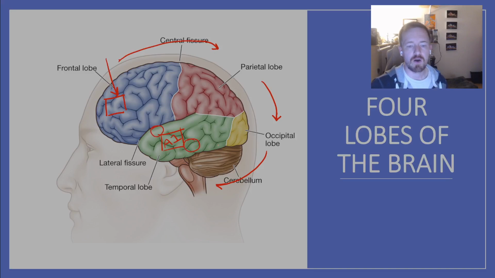Right around here we have an area that helps us detect familiar words and phrases. And if we move a little bit further back, some of these areas help us identify objects, visual or otherwise. So the temporal lobe is used a lot for language and hearing, but it's also used for identification and some memory.